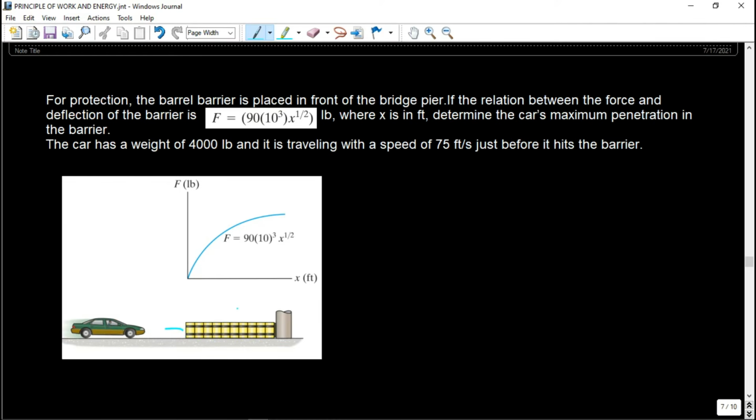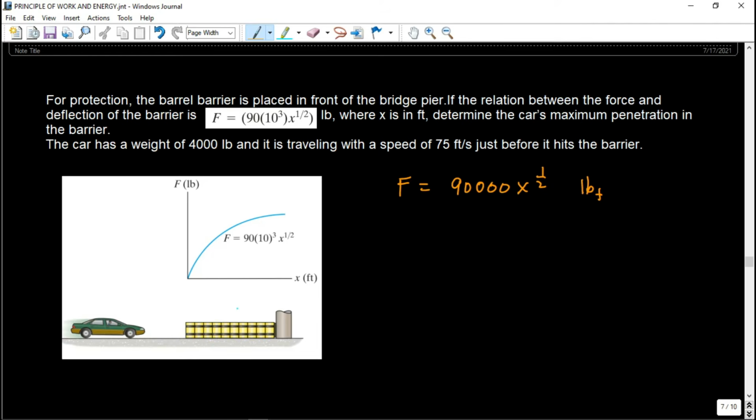Okay, so dito, ano ba yung mga given natin? So, first write the given, that is force as a function of distance x. That is 90 times 10 raised to 3, so basically that is 90,000, times x raised to 1/2. Okay, this is in pound force, and x is in feet.